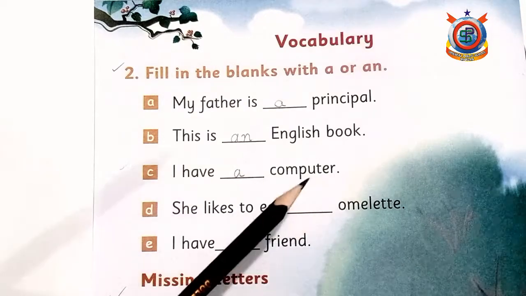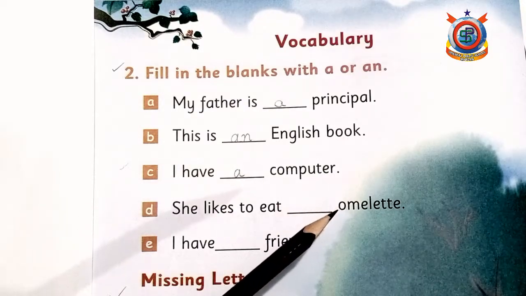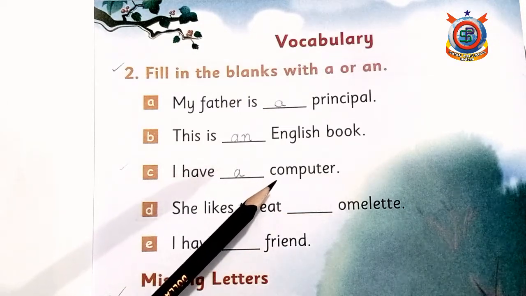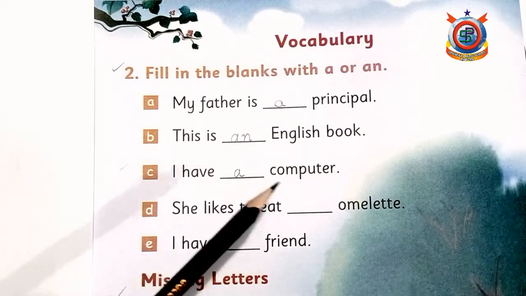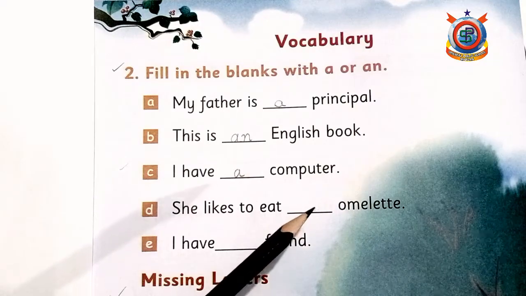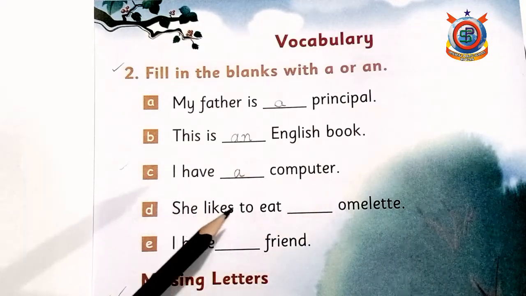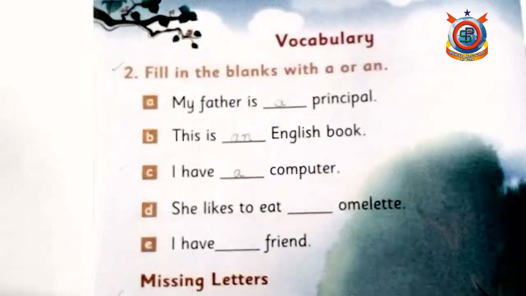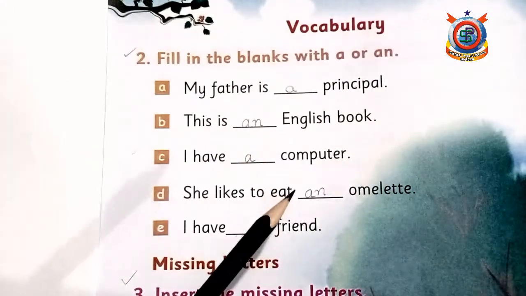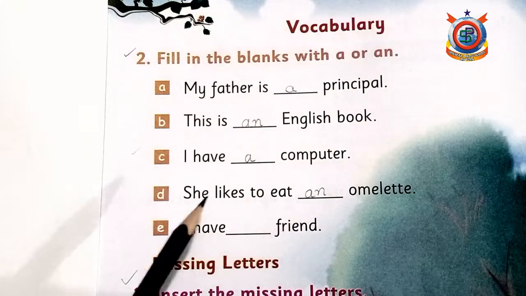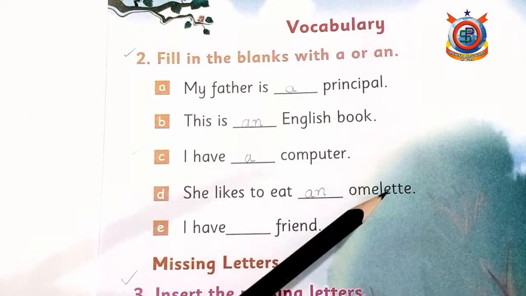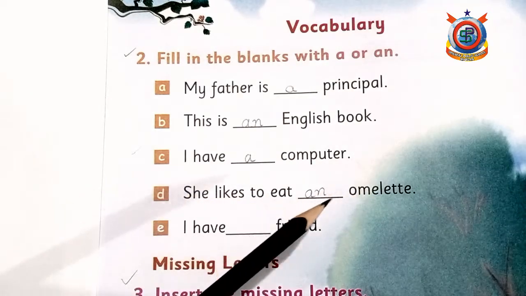N is the correct answer because there is a vowel sound. Before a consonant sound we will use A, and before a vowel sound we will use N. Start writing with me, students. She likes to eat an omelette.